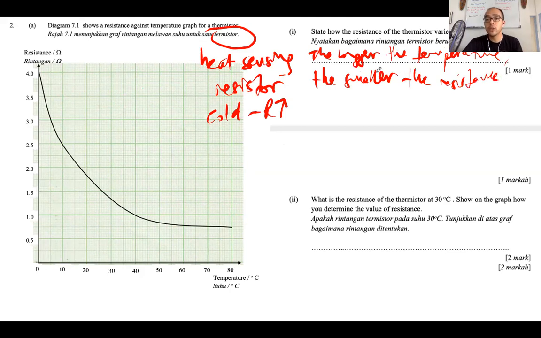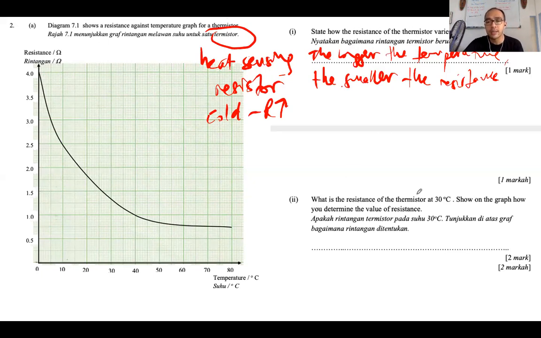Just to remind you how to write the relationship: state how the resistance varies with temperature is another way of asking you to write the relationship. Remember, only 4 words: bigger, smaller, higher, lower. Or greater, lower. Don't use hotter. I don't want to hear the word the hotter the temperature.